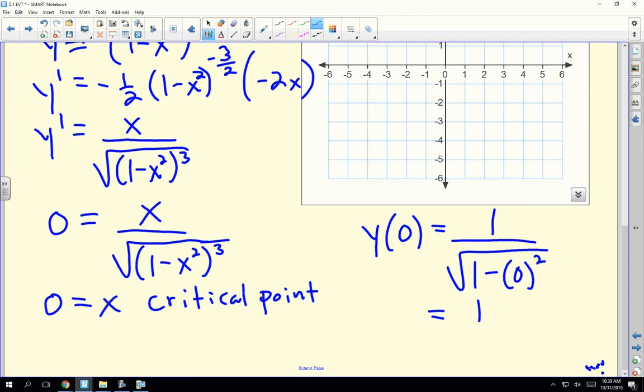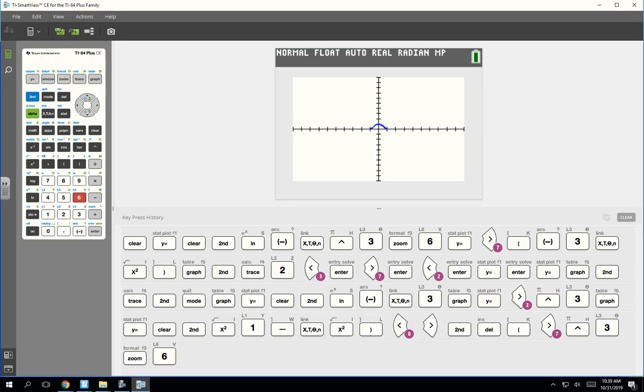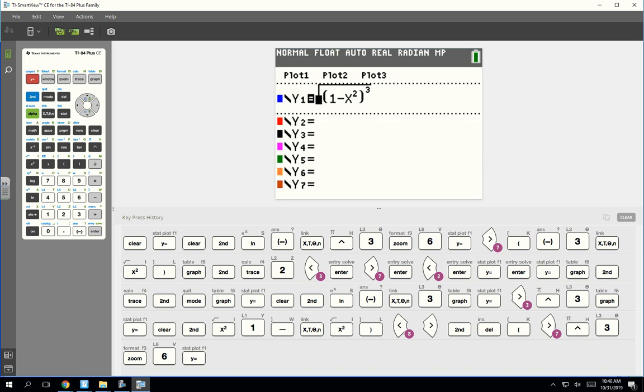So 0, 1, let's just go ahead and look at the graph of the original. I think in the textbook they do let you use your calculator to check it. There's my critical point 0, 1. It's going to be an absolute max or min, until we talk about what Jeremiah is talking about here.